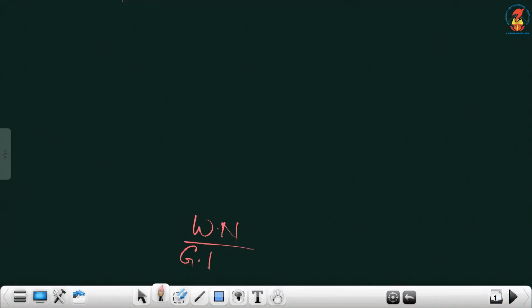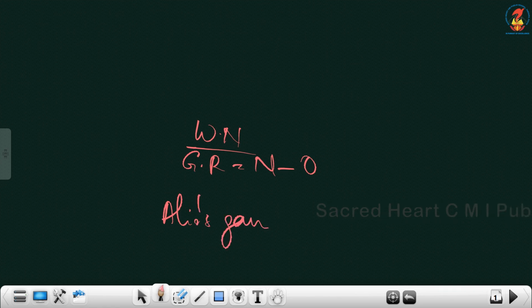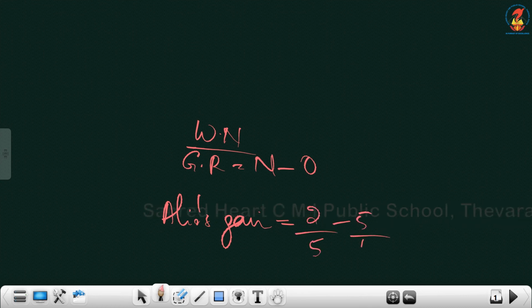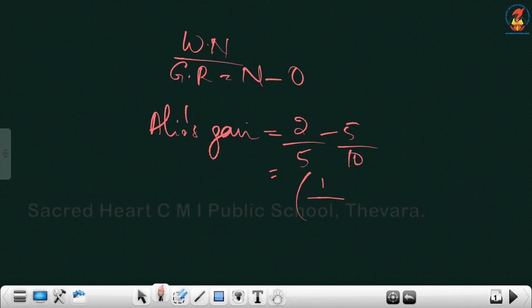Gaining ratio is new ratio minus old ratio. While you compute Alia's gain, what is Alia's new share? It's directly given now. 2/5 minus 5/10, so it is 4 minus 5, or minus 1 by 10.